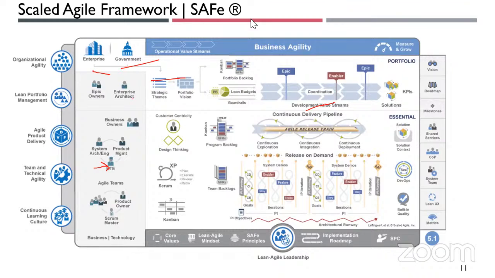Okay, fair enough. One more question. How long will this entire transformation take, from being just a simplified Scrum to a SAFe model at the organizational level? As I told in the beginning, when I came to this slide, it's a massive change at an organization level. It involves leadership coaching, middle management coaching, and team level coaching, whereas in a normal Scrum, you're only restricting yourself at a team level.